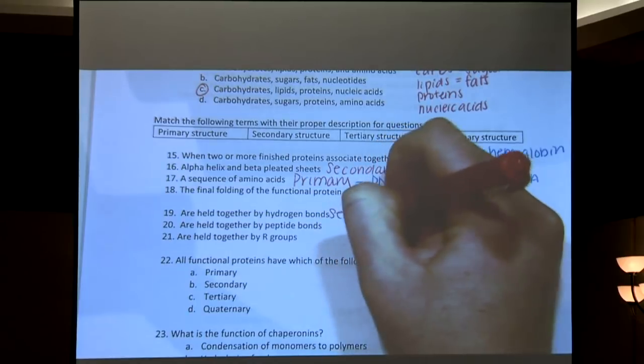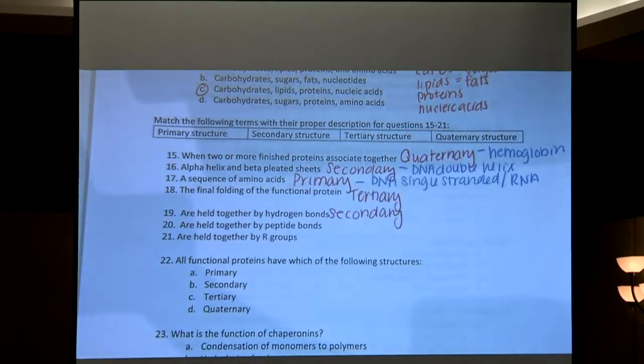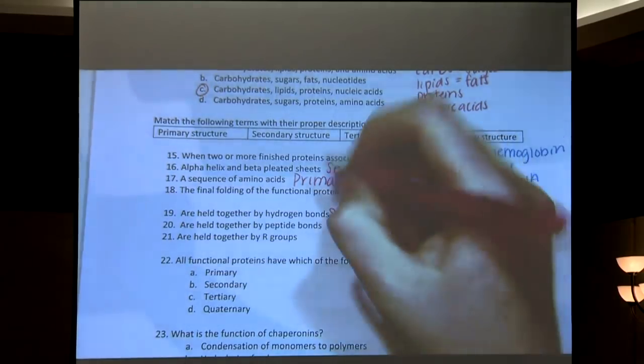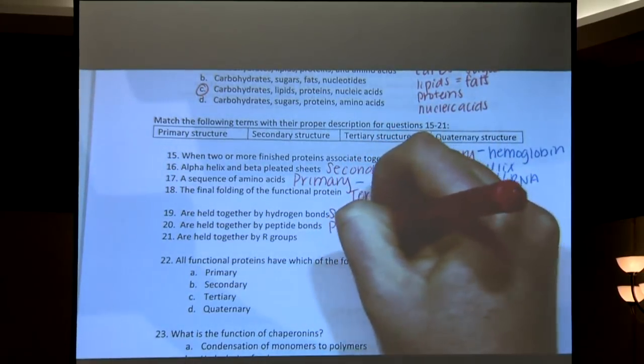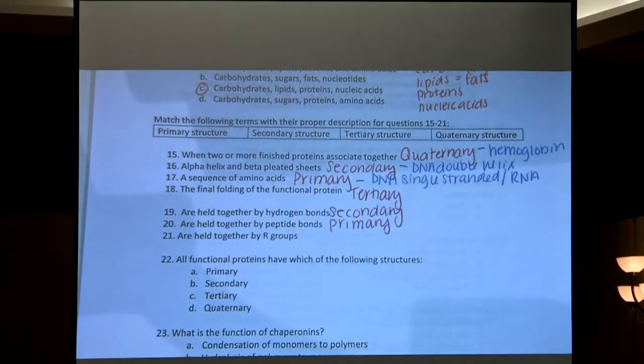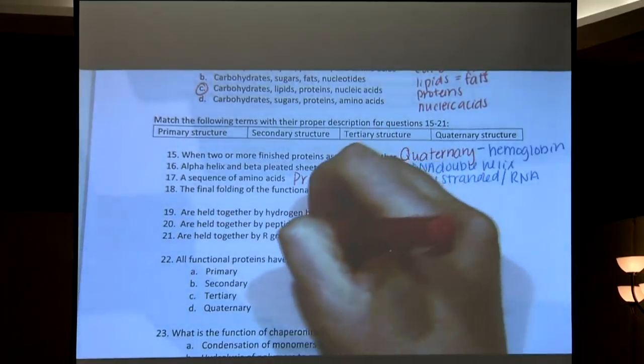In between our DNA base pairs, when we start to make the helix aspect for DNA, that'll be our hydrogen bonding and our secondary structure. And which of the following are held together by peptide bonds? Good, so this will be our primary. And which are held together by R groups? Good, so tertiary.